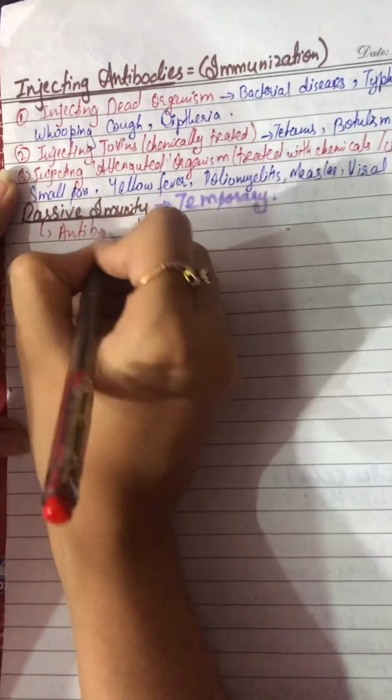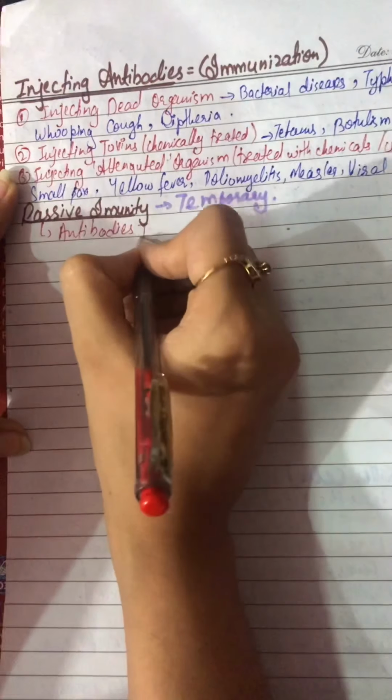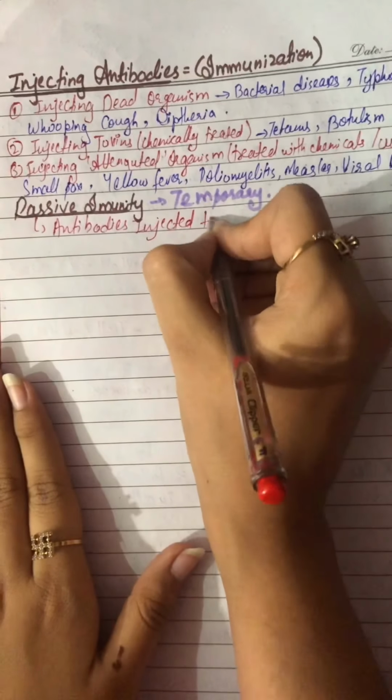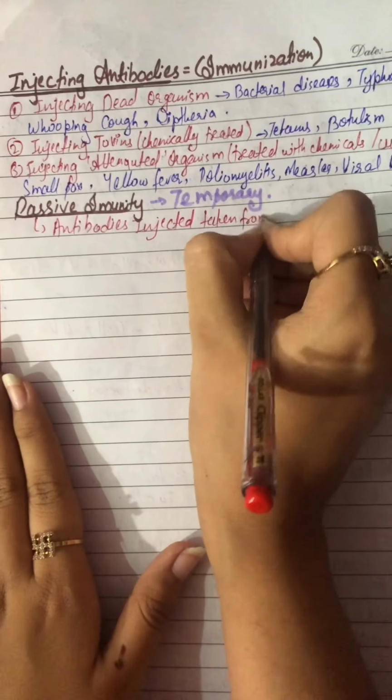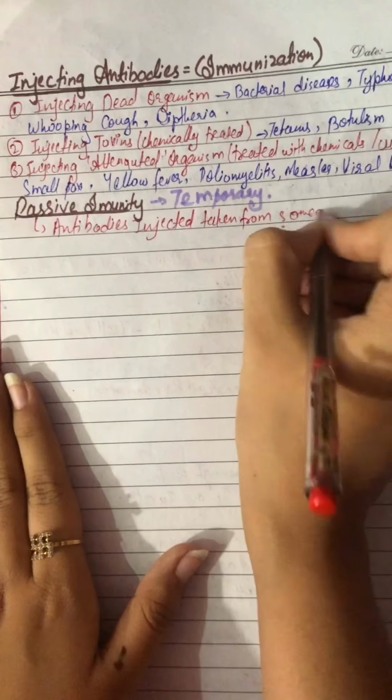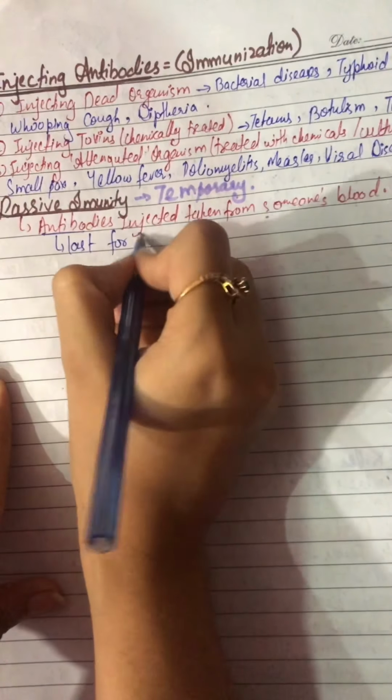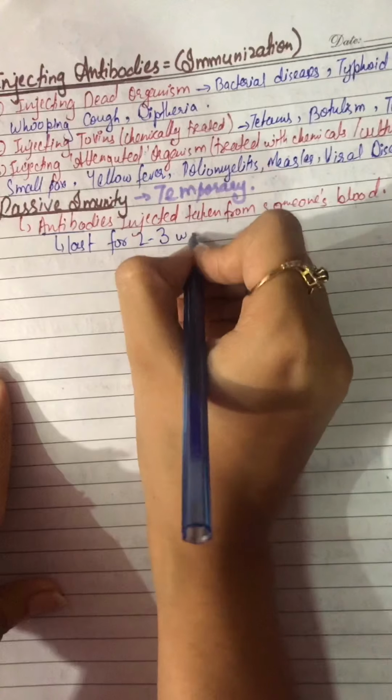Antibodies injected that are taken from someone's blood. These antibodies last for about 2 to 3 weeks.